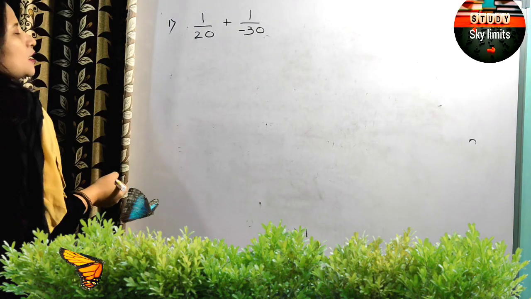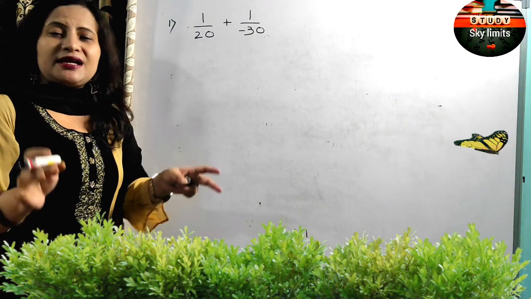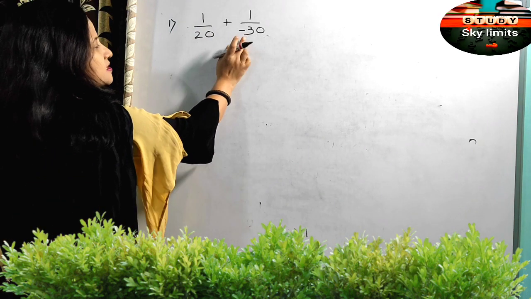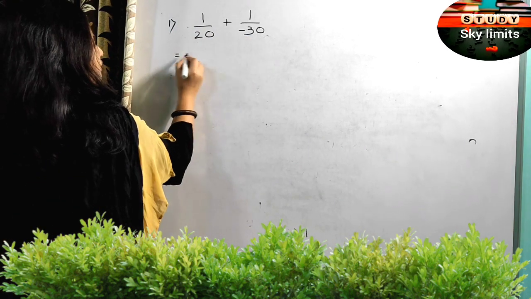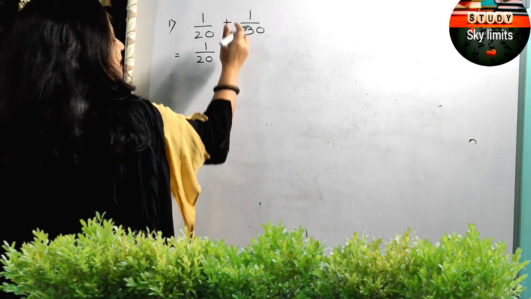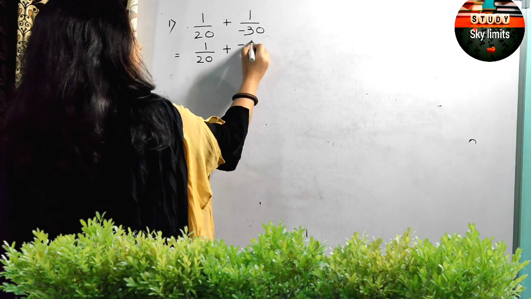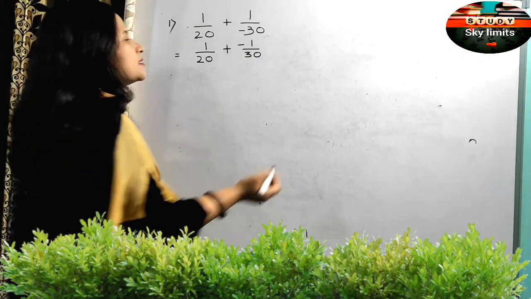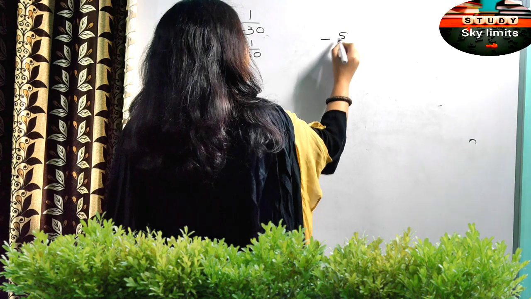This is the question. The first thing you need to do is arrange the rational numbers in standard form, and as you can see here, this is not in standard form. Let's write down first how to write in the standard form. Shift this minus sign here. One more thing that I forgot to tell you is, what is the standard form of minus 5 by minus 6?